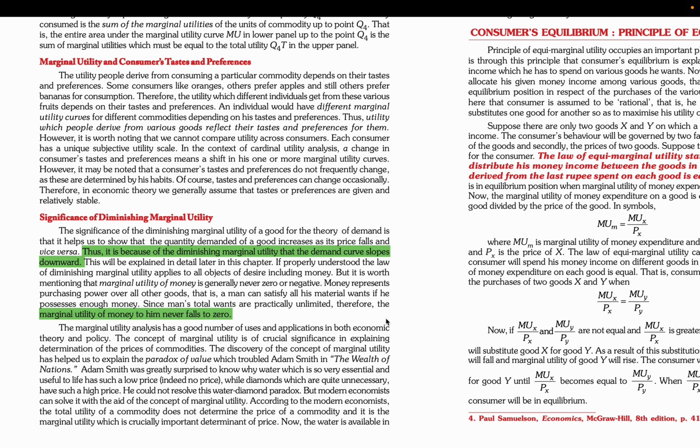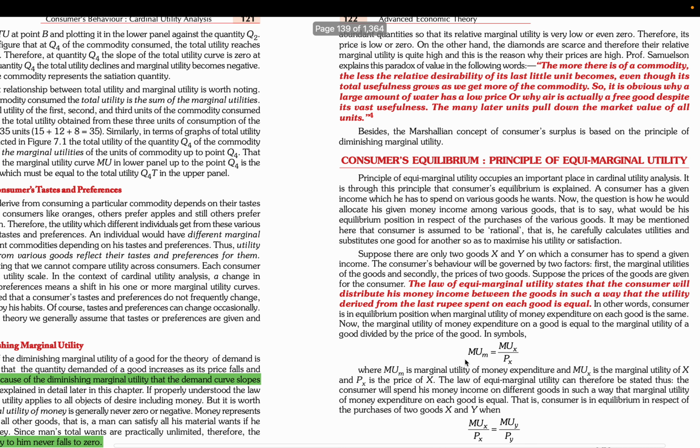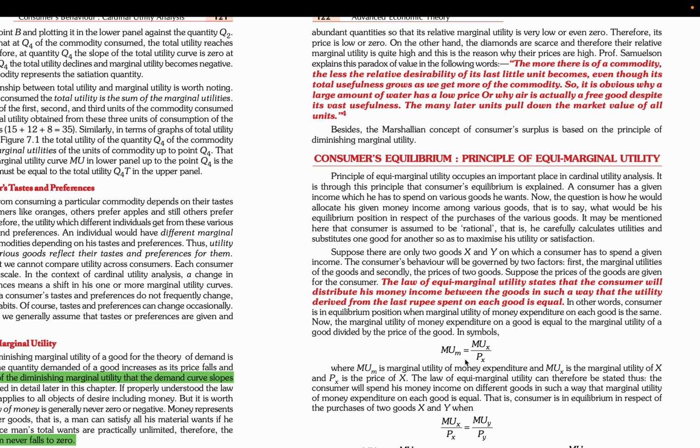According to modern economists, the total utility of a commodity does not depend on the price of the commodity; it is marginal utility which is the crucially important determinant of price. Now, water is available in abundant quantities, so its relative marginal utility is very low and even zero, because water is available everywhere.